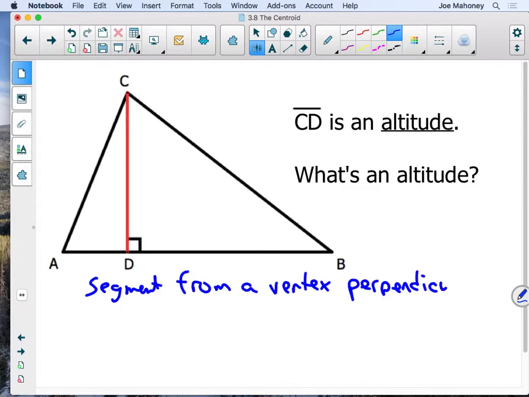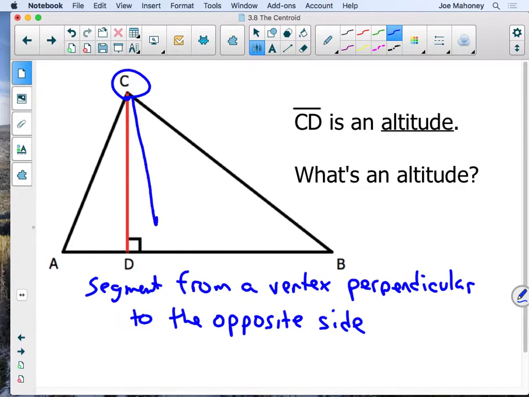We see that right angle in there. Perpendicular to the opposite side. And let's talk about that idea of the opposite side. If we're standing up here at angle C, the opposite side is side AB.